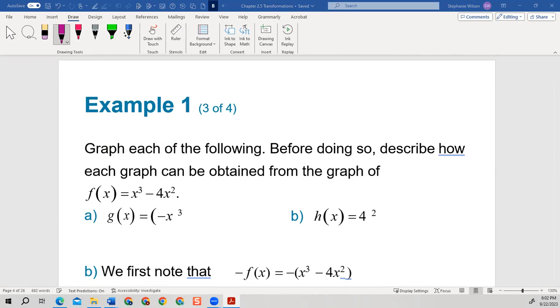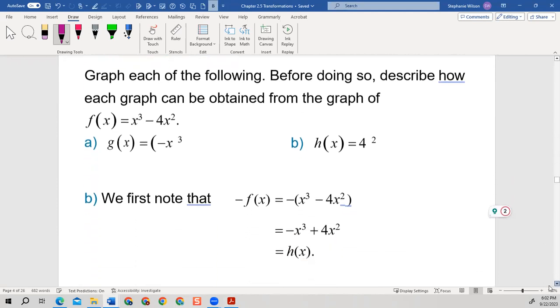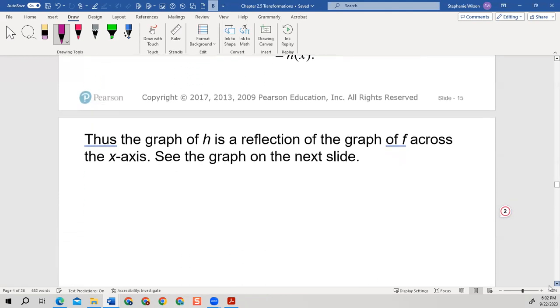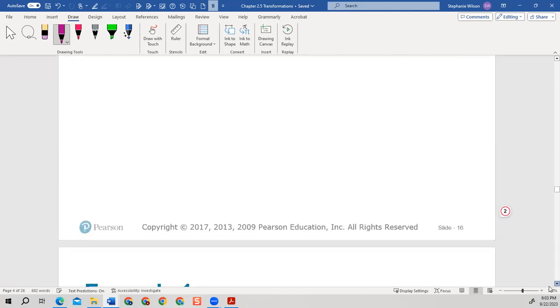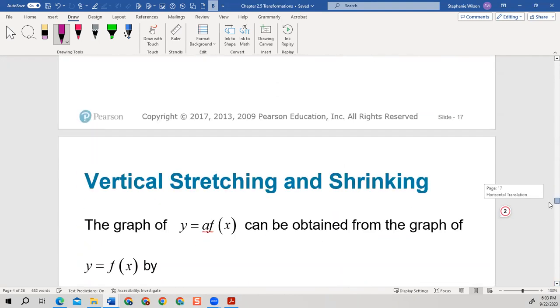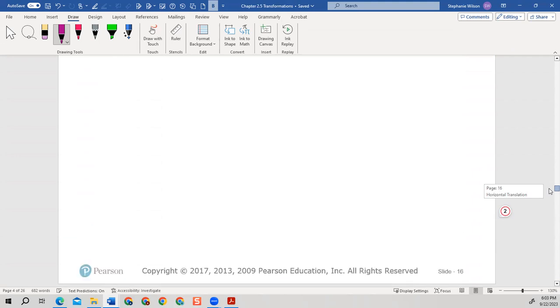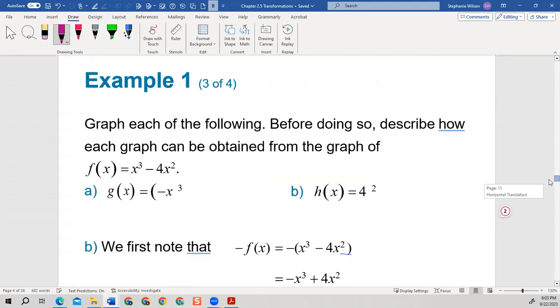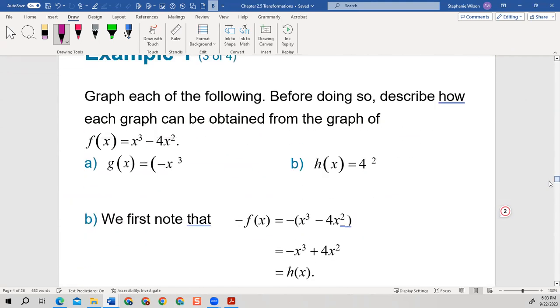All right, so this next one is just telling us about, or we're going to solve this next one, but I wanted to talk about the shrinking, the vertical shrinking, and let's see, is that what the next one is, the vertical shrinking? I feel like it skipped it. All right. Oh no, there it is. Okay, good deal. All right, so on this next one here, graph each of the following, before doing so, describe how they change.